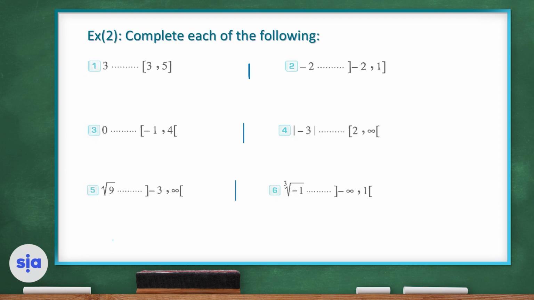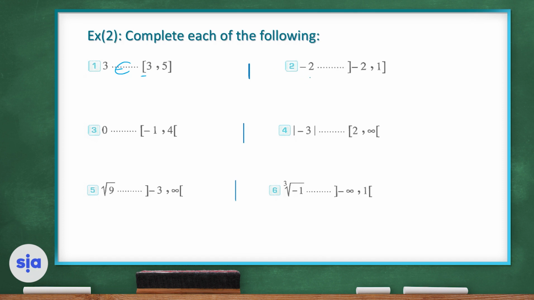Another type of question in example 2 is to complete. In question 1, in your opinion, what is the relation between 3 and this interval? Yes, excellent. The 3 belongs to this interval because the 3 is closed.